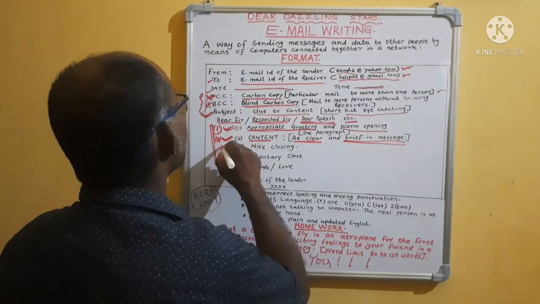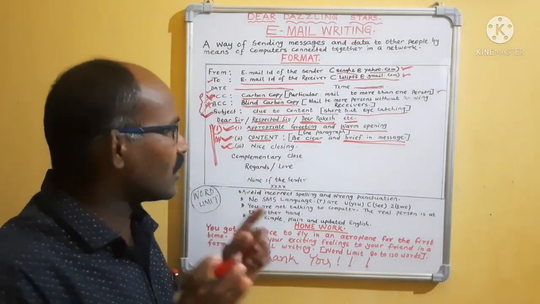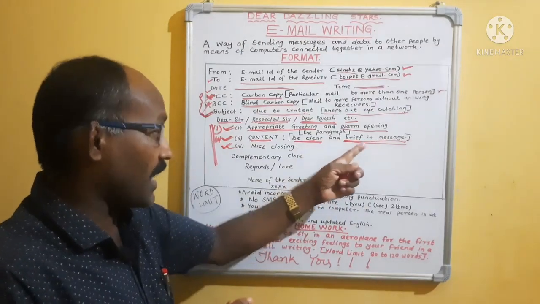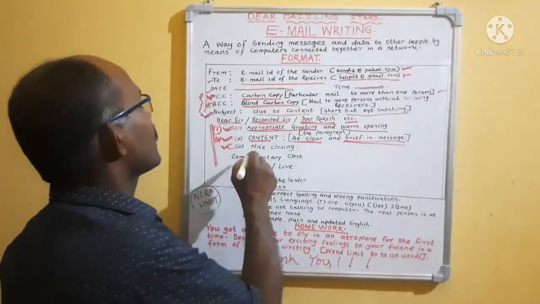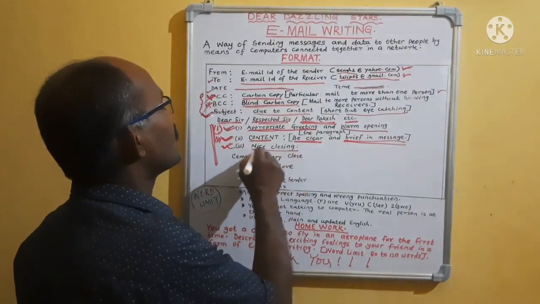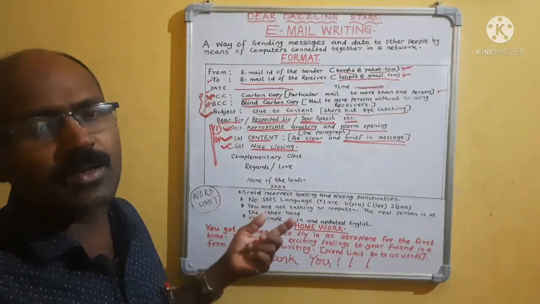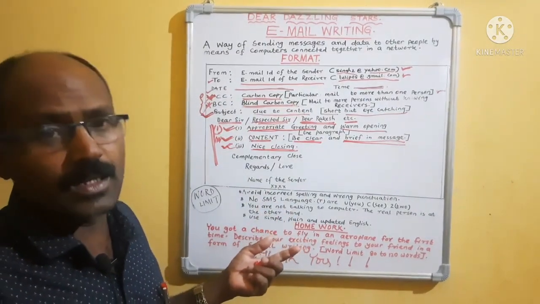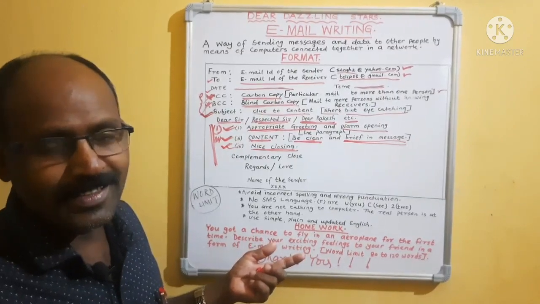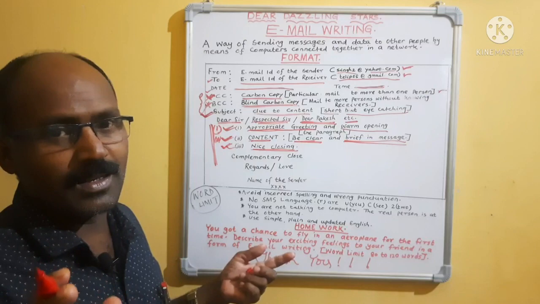Then nice closing. After that, you have to close. After writing the message and making it clear, you will make a nice closing. That means at least 1 or 2 lines. Thanks for reply. Awaiting your quick response. Let me know after reading the email.